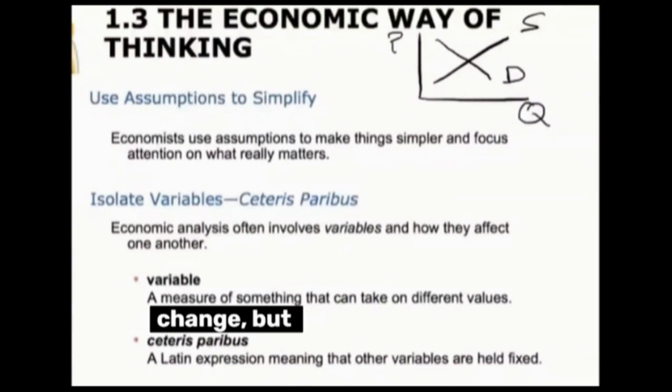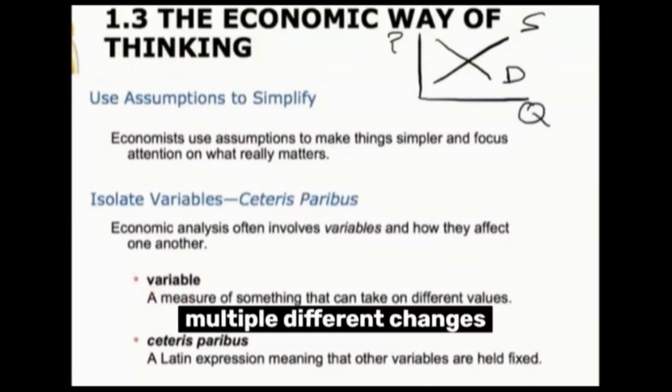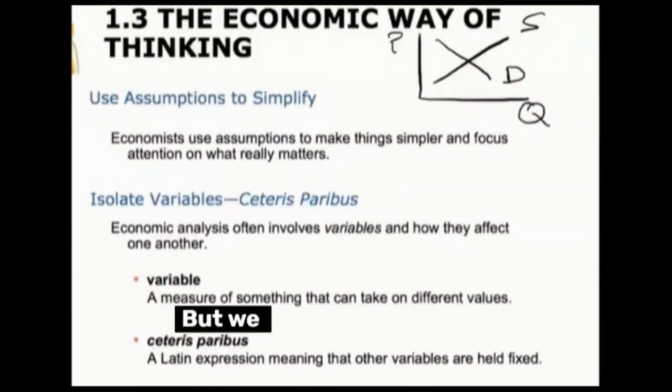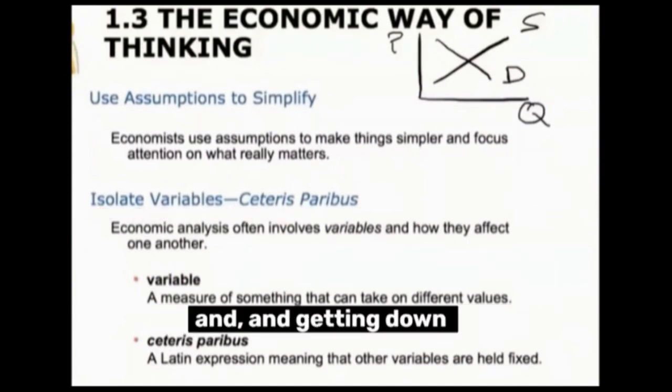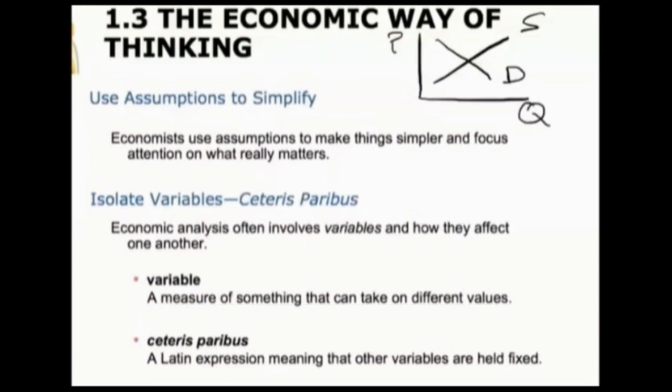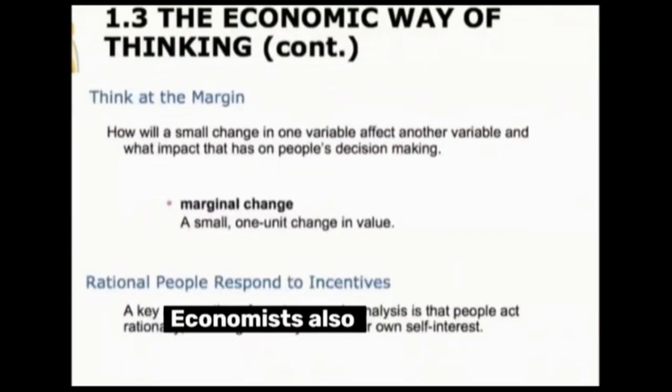That doesn't mean we don't think those other variables change, but we need to simplify the world so that we can make reasonable choices and decisions about how one variable affects another variable. In the end, we might add up changes of all the variables and try to figure out how multiple different changes affect one aspect of our economy. But we have to do that first by simplifying our assumption and getting down to just a ceteris paribus, or looking at two variables at one time.